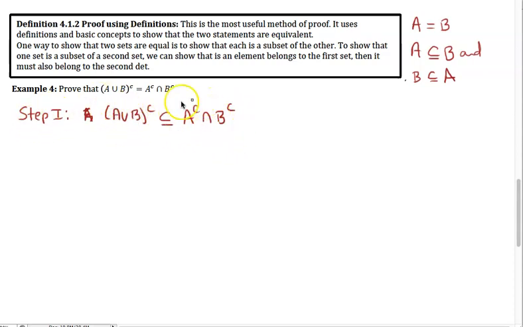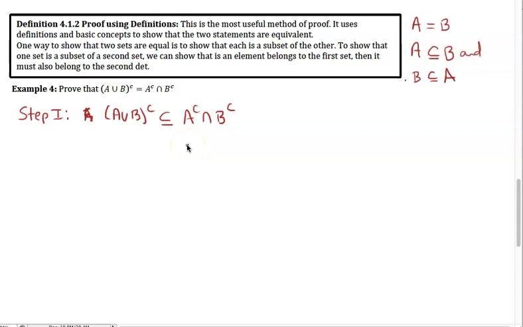But you also have to show it the other way around. You have to show that the intersection of the complements is a subset of the complement of the union. If you don't show the second way, then your proof is not complete. Okay, so if you just show step one, you're only showing that this first one is a subset of the other, but you're not showing that they're equal, that they're equivalent.